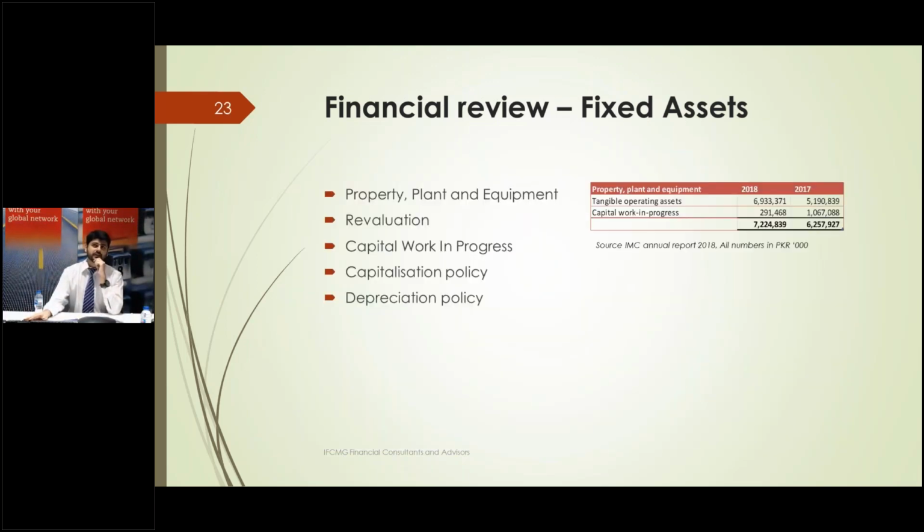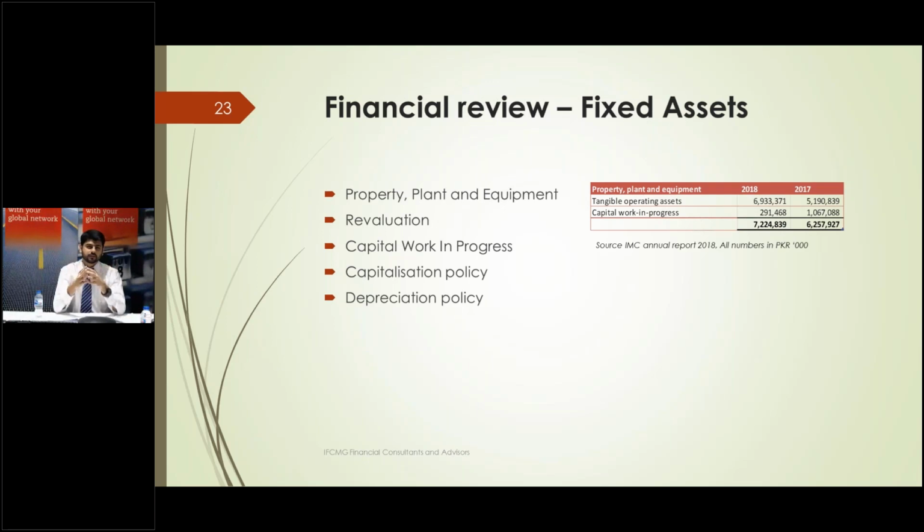The next thing we need to consider is capital work in progress. Capital work in progress is assets that are under construction and have not yet been deemed fit for use by the management of the company. This is again an area that companies can use to their advantage to window dress their financials or inflate their numbers.